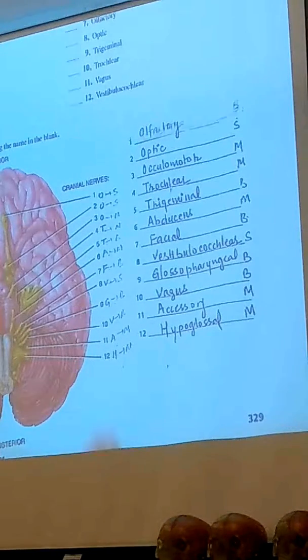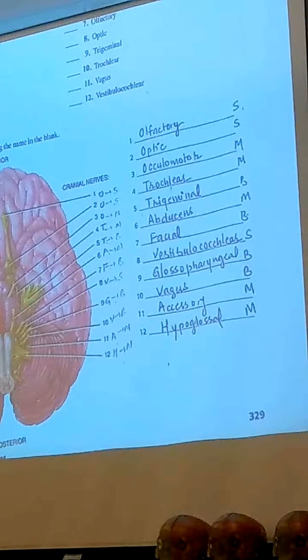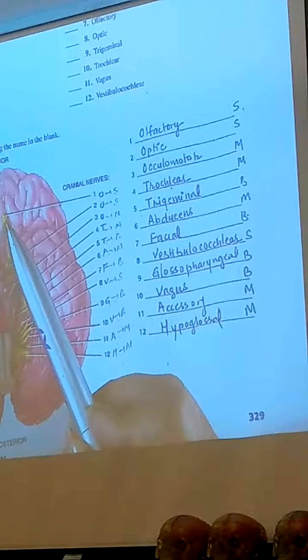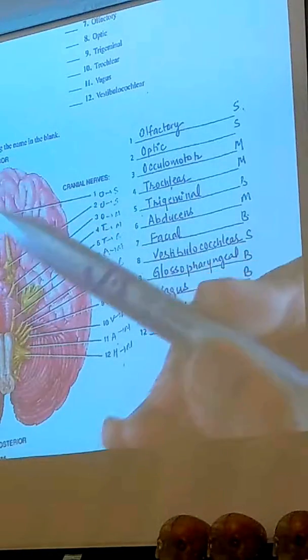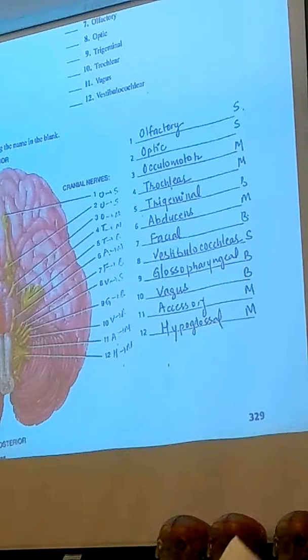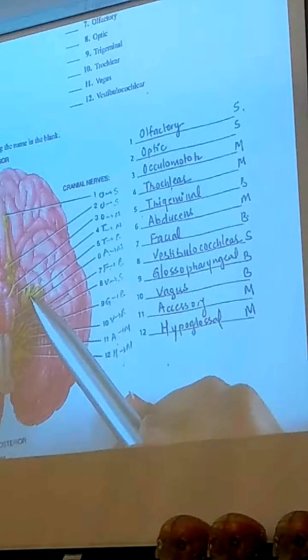So this picture will be there. What questions can anyone ask you? Write the name of this. You know how to calculate, right? So this trigeminal thing is cranial nerve number 5. It will help you to quickly calculate. This is like a landmark. This is the fifth cranial nerve.